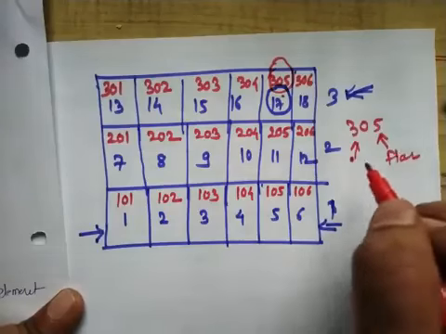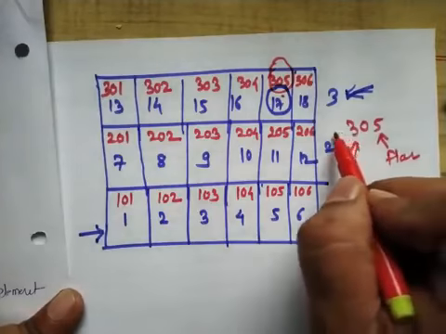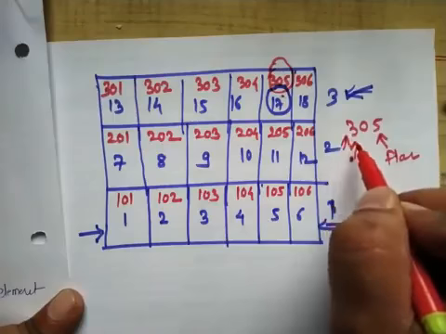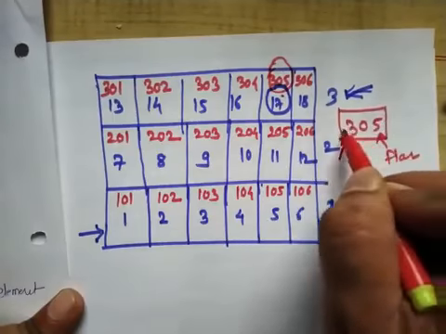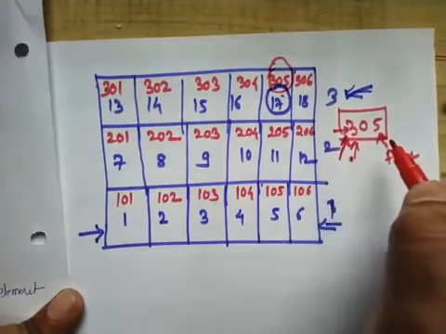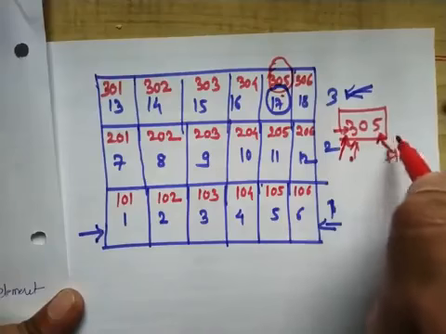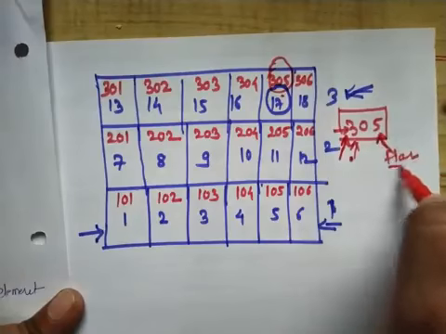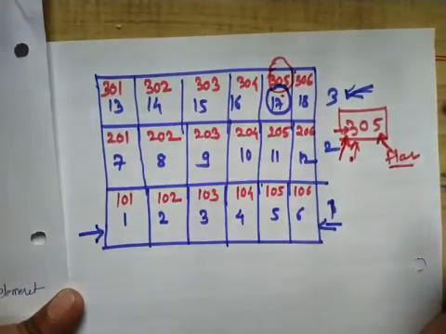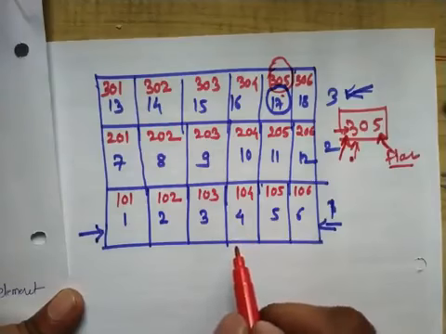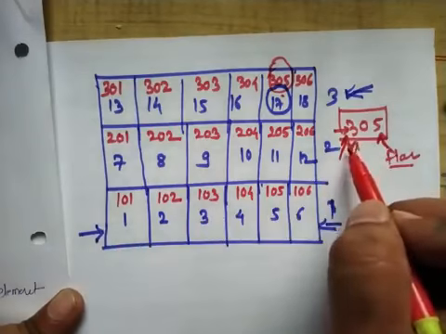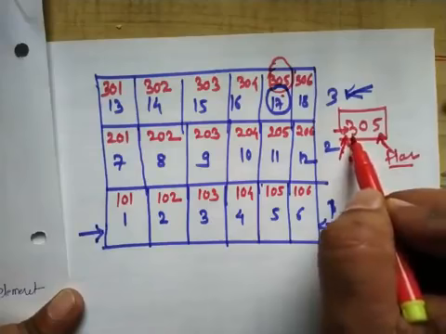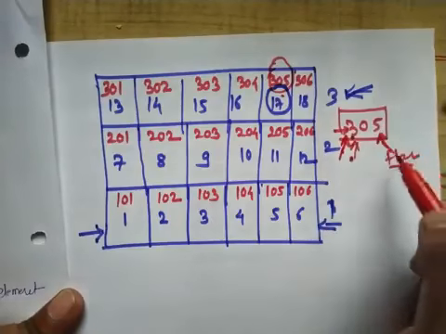So here what do we hash? The first digit of this flat number indicates the floor and the last digit indicates the flat number. So this is hashing. The postman, instead of searching sequentially, will go directly to floor number 3 and look for flat number 5.